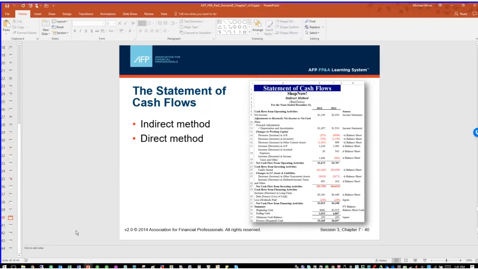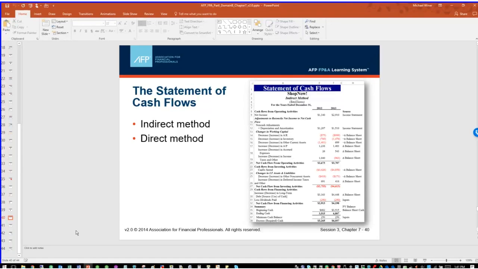You start by listing all of the major transactions and you drive to the same numbers, but you drive to them directly. So you would list sales and you would list expenses and you would list all of the components of the income statement to get to a direct method. You get to the same numbers, but it's not generally used.